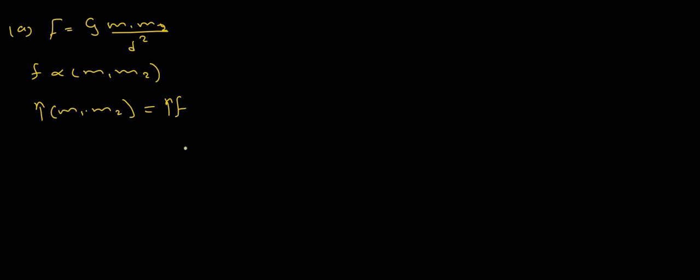So, for example, let's just say one of the masses increases. If the mass M1 increases by 2, what's going to happen to the force? Then we'll say it's M1 multiplied by M2, will be 2 times 1 is 2.